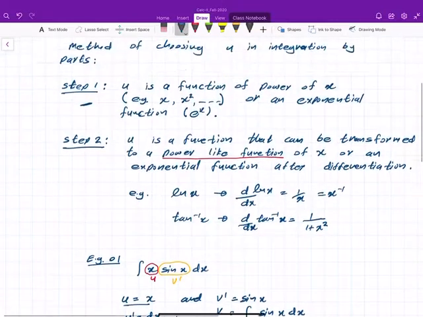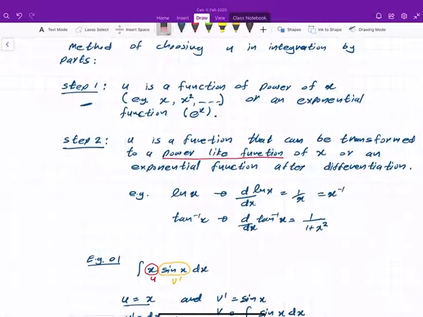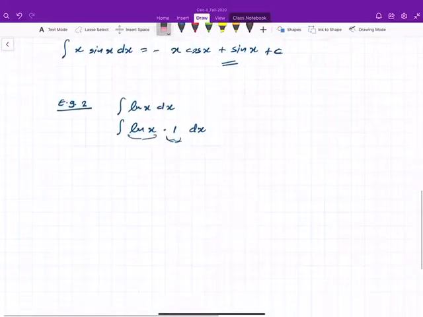Step number 1 does not work, so go to step number 2: u is a function that can be transformed to a power-like function. I have shown you this. If you take the derivative of ln x, it is x to the power minus 1. So that's a power-like function. So you can take your u to be ln x. So what I'm doing is taking u to be ln x.